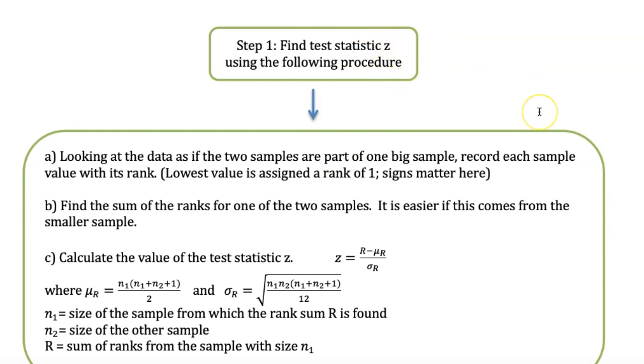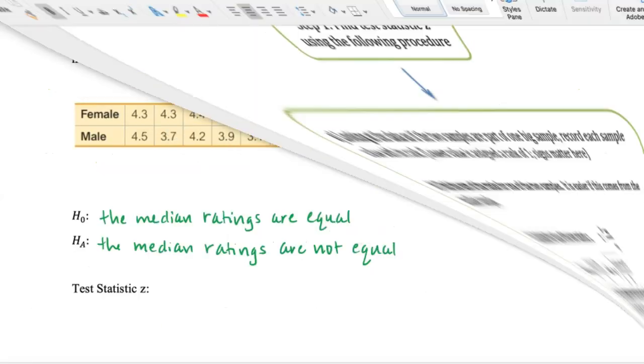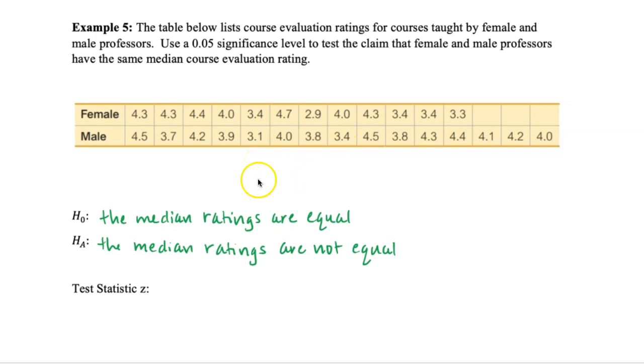I find it by first looking at the data as if the two samples are part of one big sample and recording each sample value with its rank. The lowest value is assigned a rank of 1. So we're just ordering these from lowest to highest, regardless of which sample we're in.